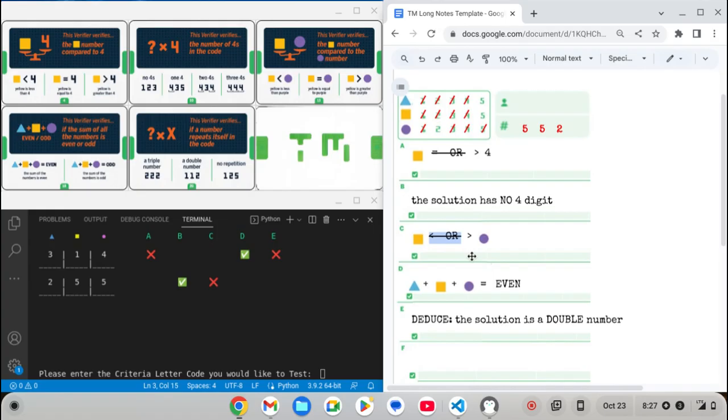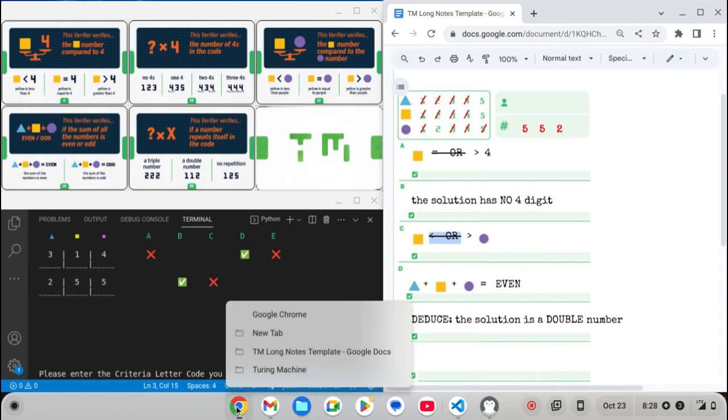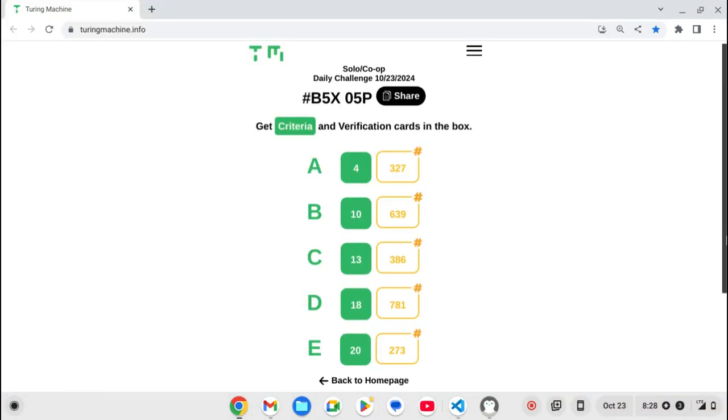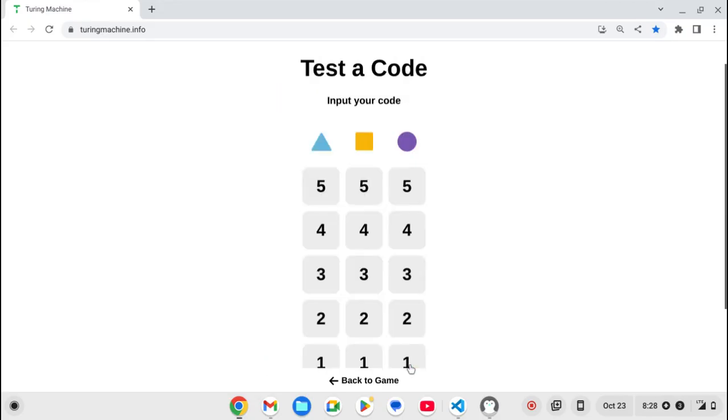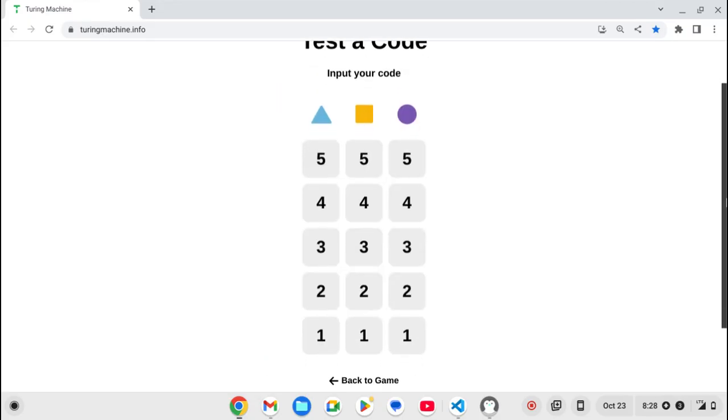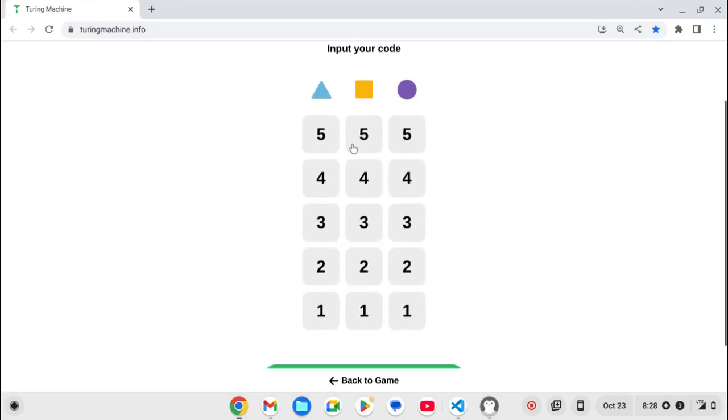The sum is even: 5 and 5 is 10 and 2 is 12. And we do have a double, it just happens to be the odd. Let's go verify that 552 is our solution.